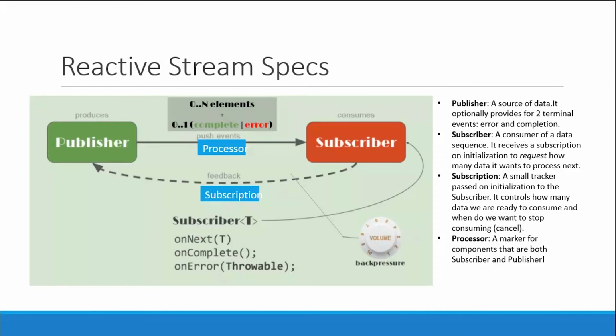I will give some small details about the Reactive Streams spec. Normally there are two objects, publisher and subscriber. The publisher produces data based on events. It can produce 0 to n elements, and the subscriber can consume. This is like a radio and this is like an ear. The publisher is pushing events to a consumer.